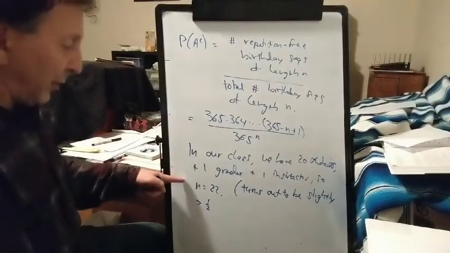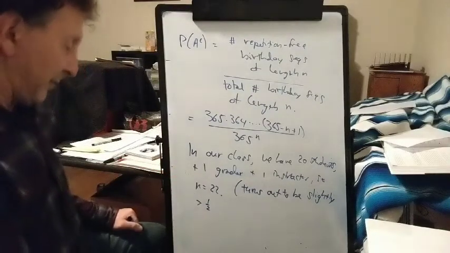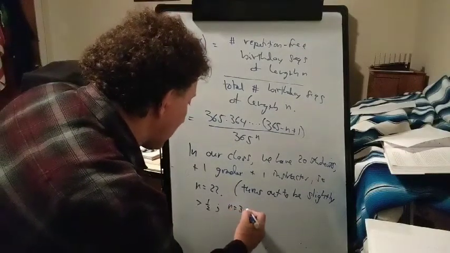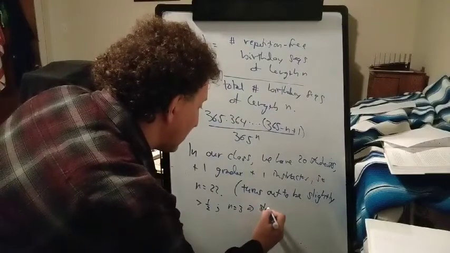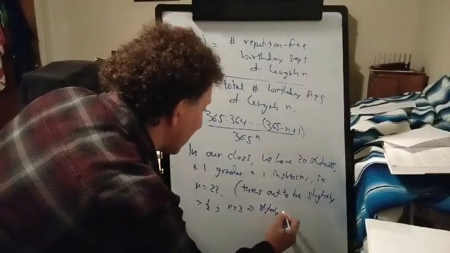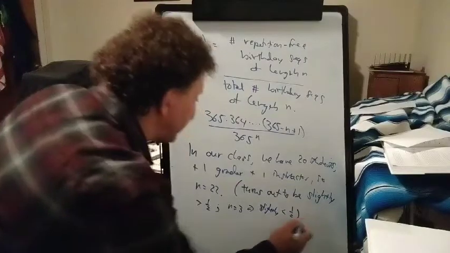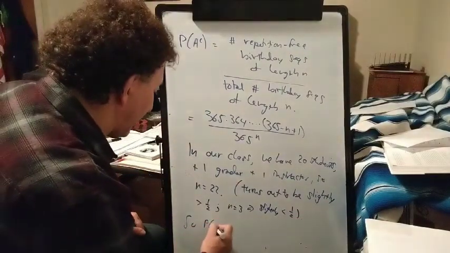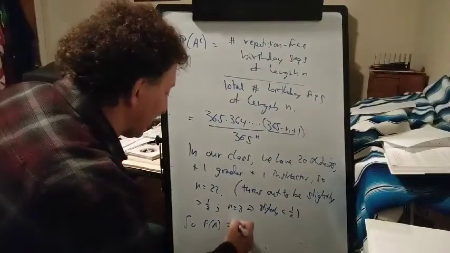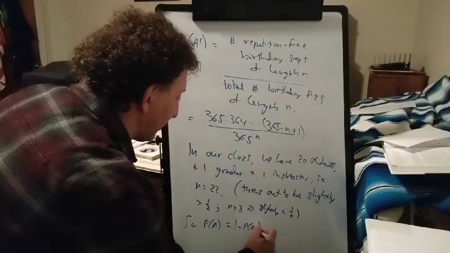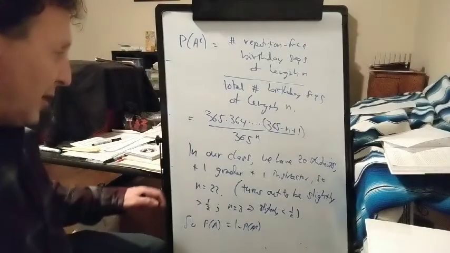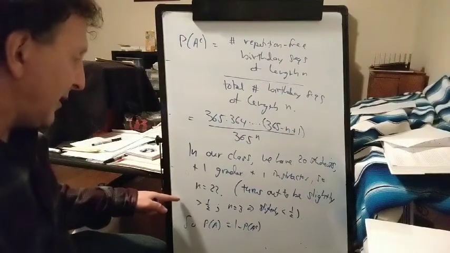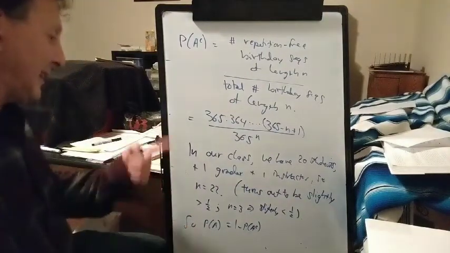When n equals 23, it ends up being slightly less than 1/2. So the probability of A for our class equals 1 minus the probability of A complement. If our number is slightly greater than 1/2, then 1 minus it is going to be slightly less than 1/2.